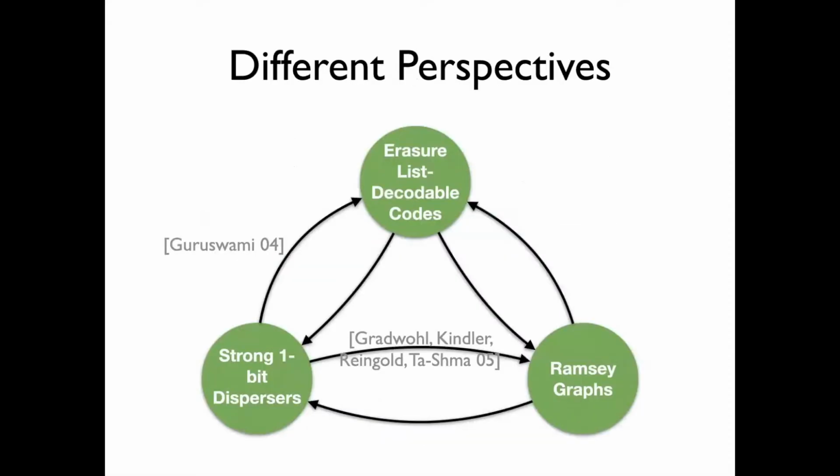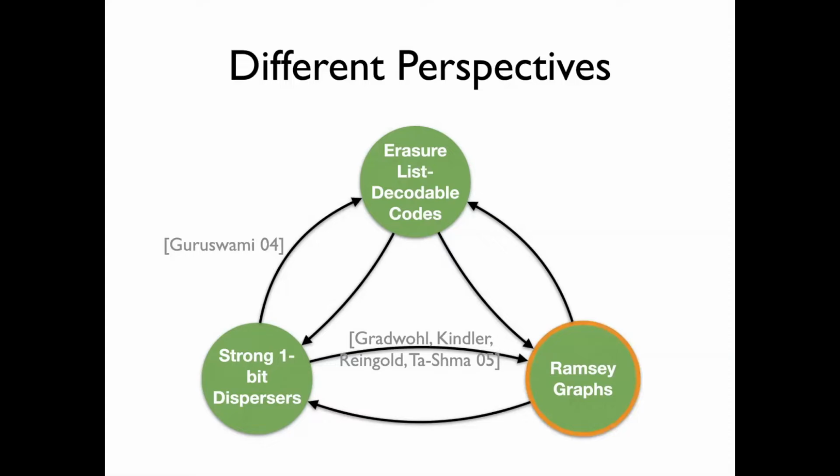Okay, so how do we do that? First, by noticing that two primitives in pseudorandomness are in fact equivalent to erasure list-decodable codes. And these are Ramsey graphs and strong one-bit dispersers. Now, two of the implications, as you see, were already observed before, and we in fact complete the picture and show that these three are equivalent.